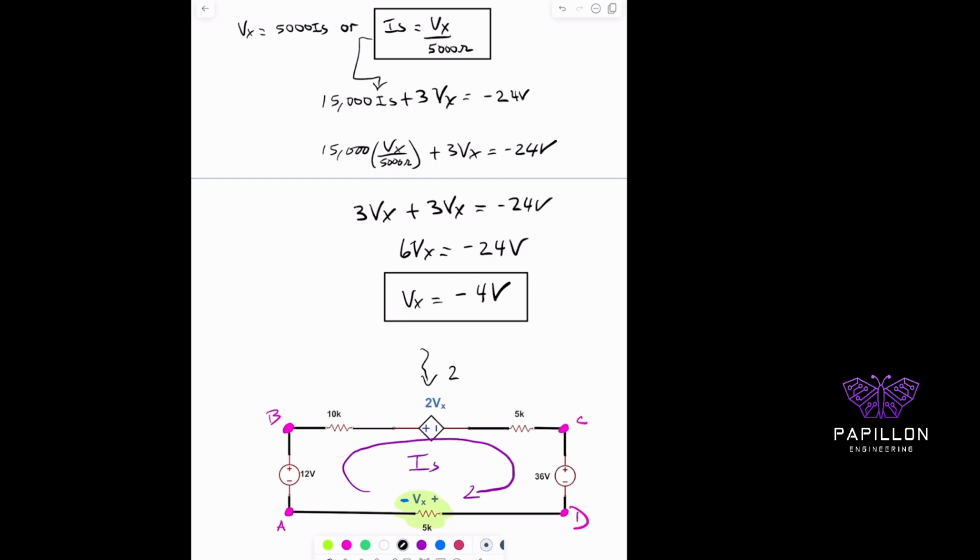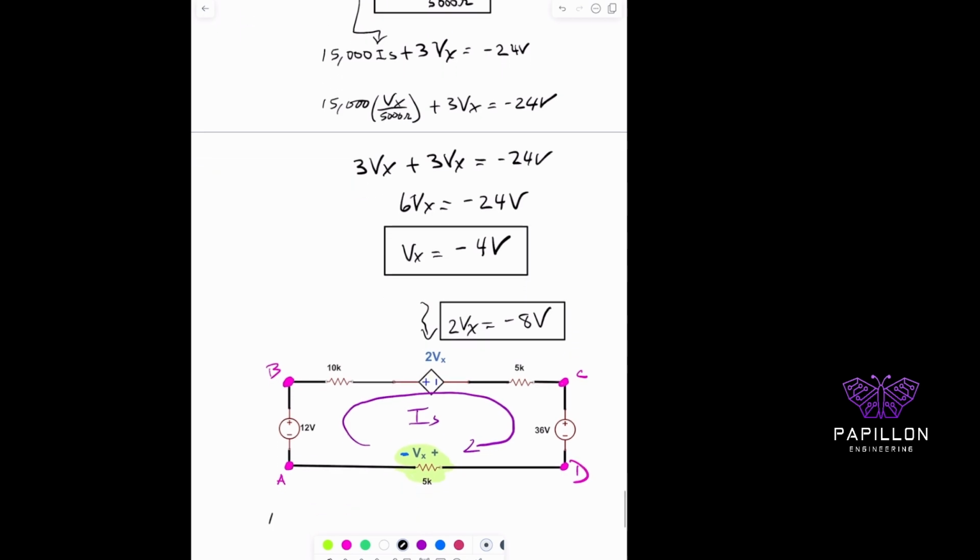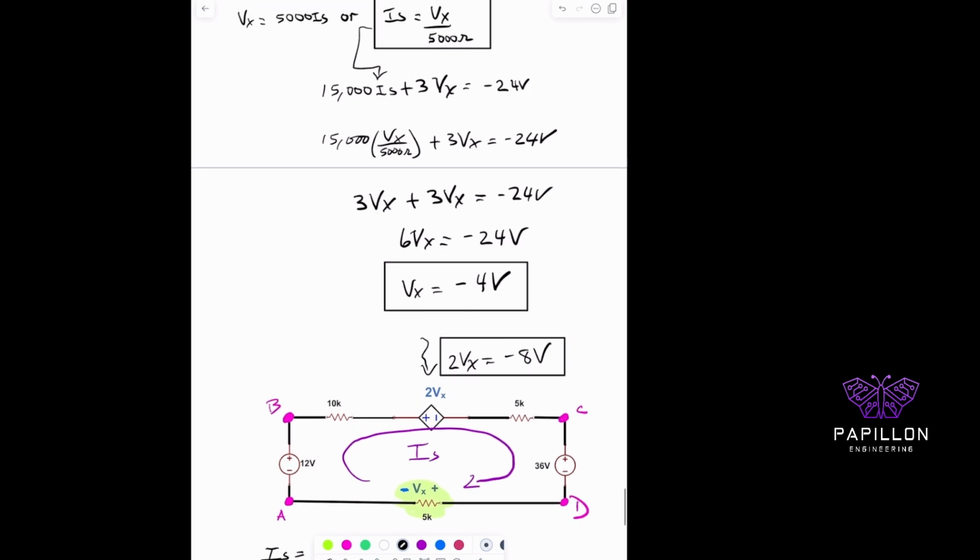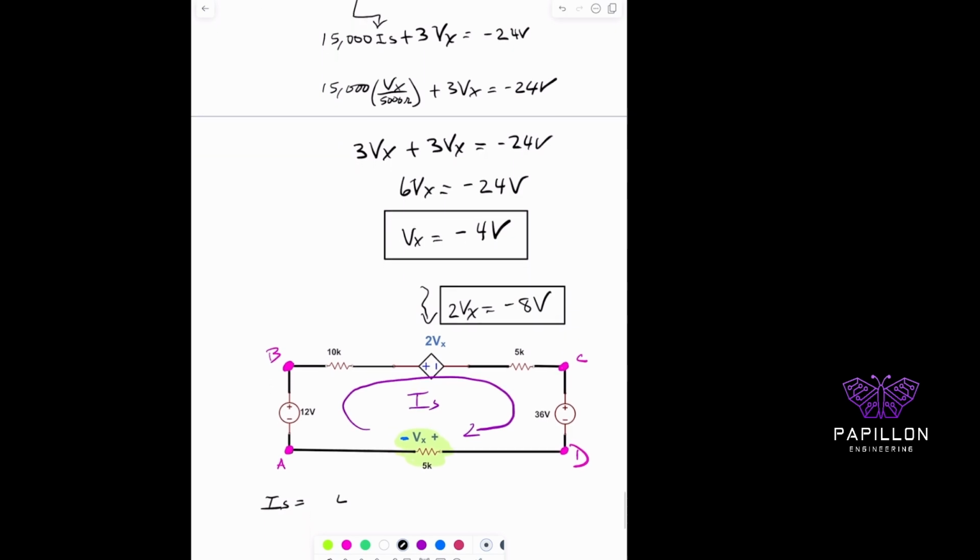And certainly, once we know Vx, we know Is, because that is what's dependent on it. Based on the diagram, the circuit we're given, we know that Vx equals 5,000 times Is. So if I divide the -4 volts over 5,000, it gives me back the current from the source, the current of this actual loop.